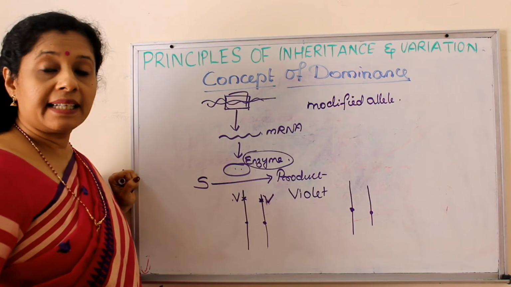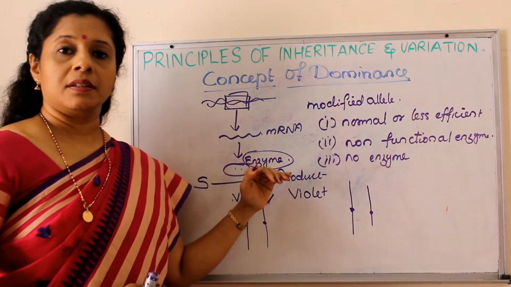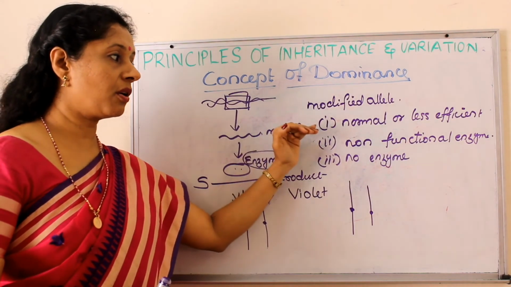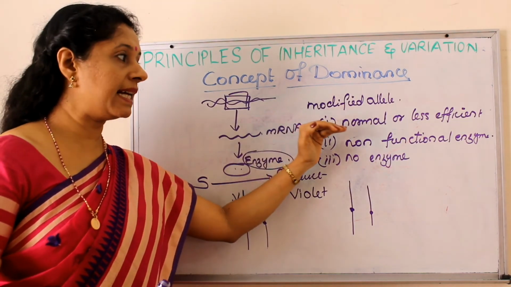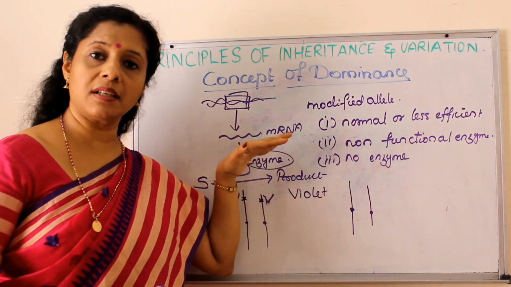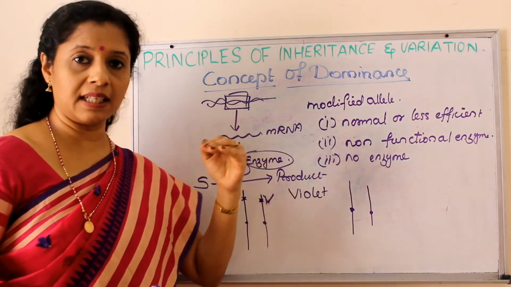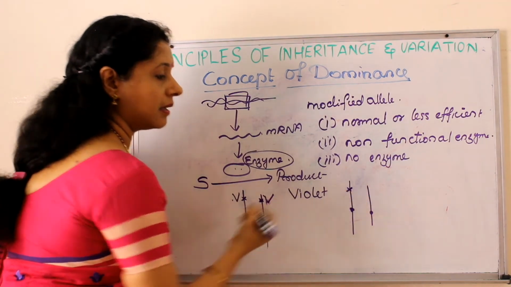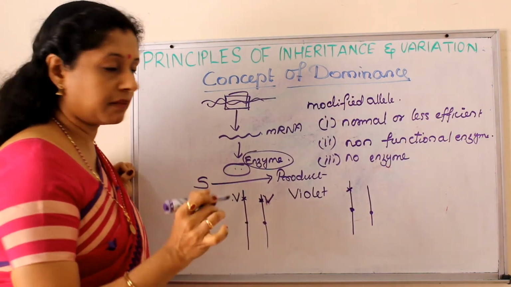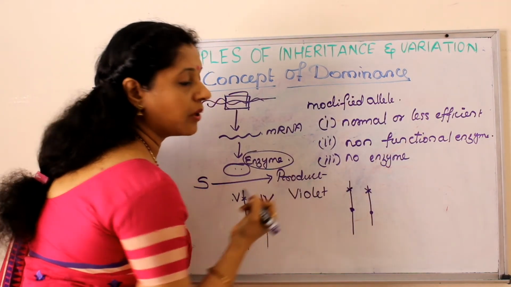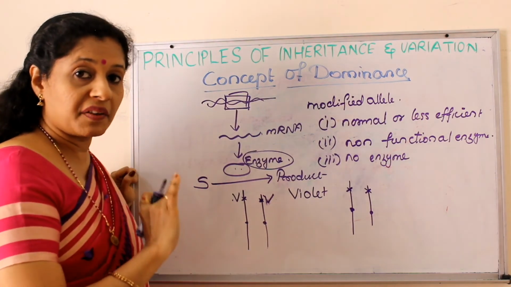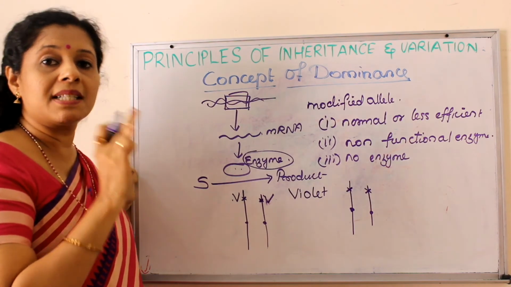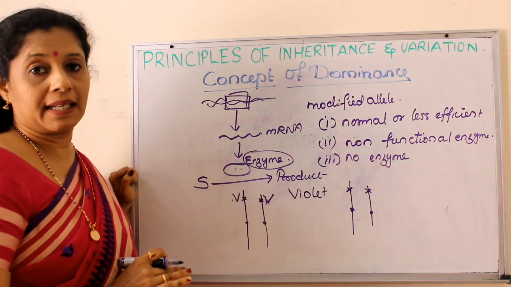The recessive allele can have three expressions. So the modified allele can have three effects. First case, it is normal or less efficient. That means it's almost as good as the dominant allele, or it is a little less efficient. That is, here it is producing a very dominant effect, that means proper pigment formation. It can be as good as the first one, then we get the original violet. Otherwise less efficient, but still the flower color will be violet.